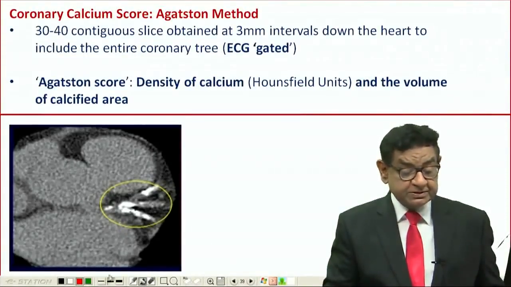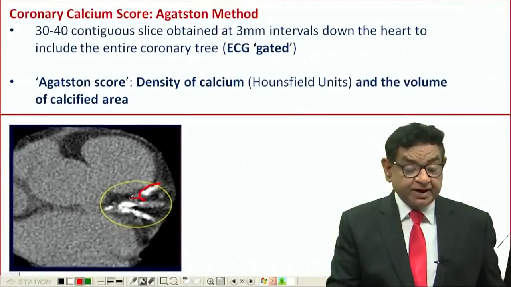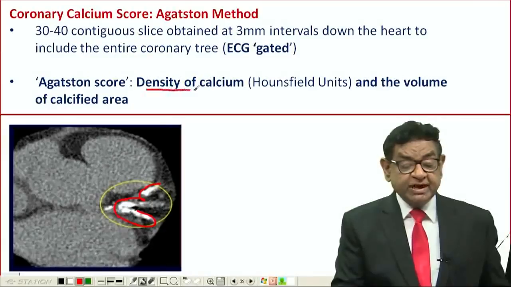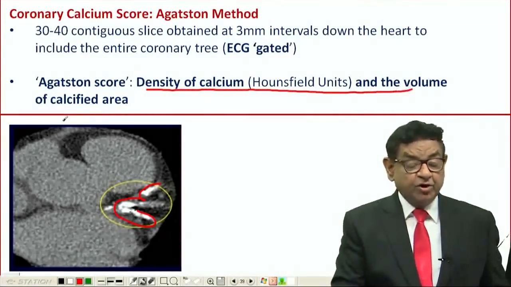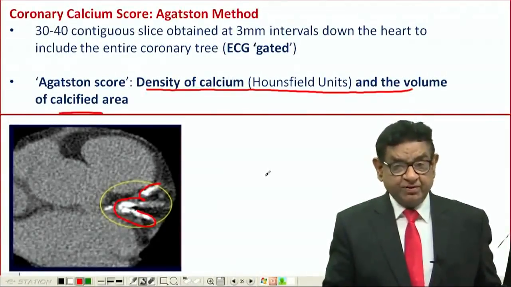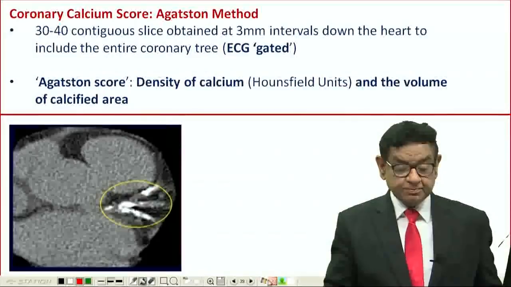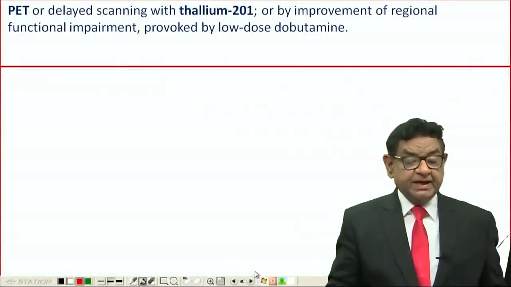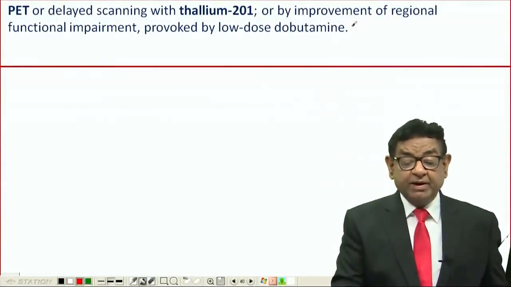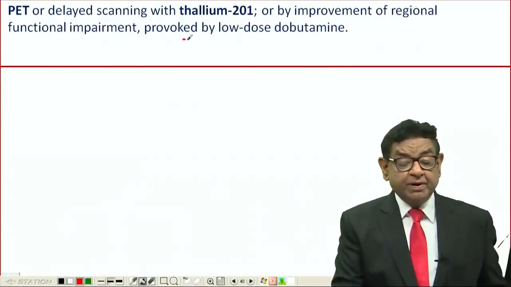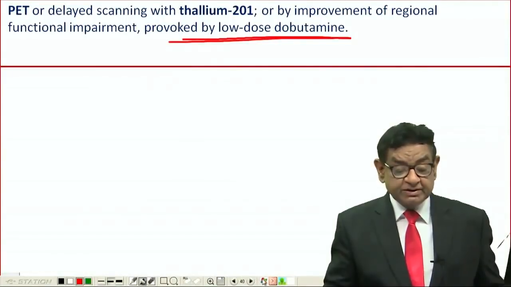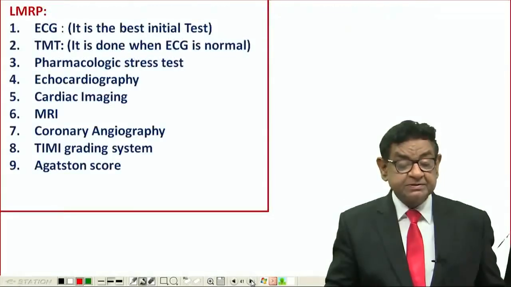So look at this. This is the calcified artery. Okay, and you use the density of calcium, Hounsfield units, and the volume of the calcified area. If the artery is totally calcified, then it is not fit for PTCA also. And PET scan or delayed scanning with thallium-201, or improvement of regional functional impairment provoked by low dose dobutamine, all we can detect by these investigations.